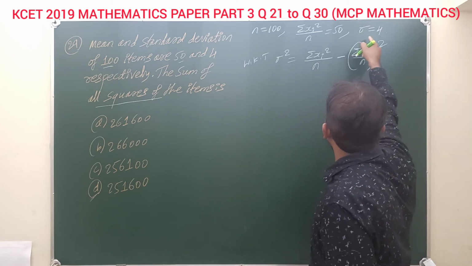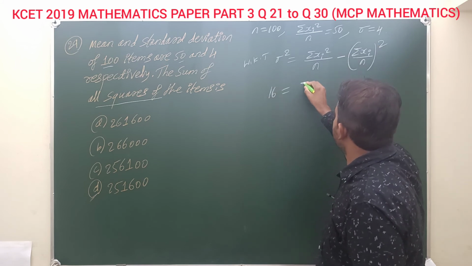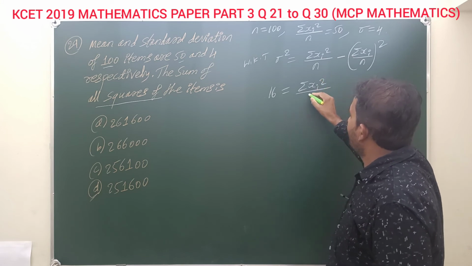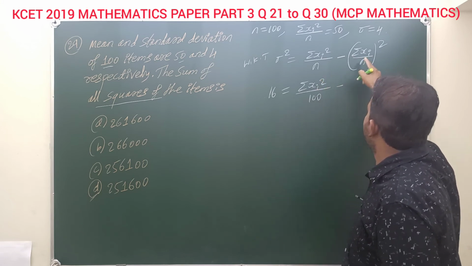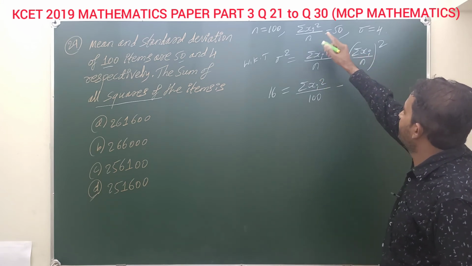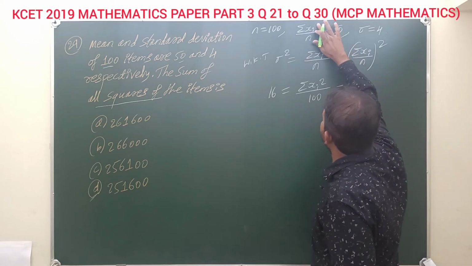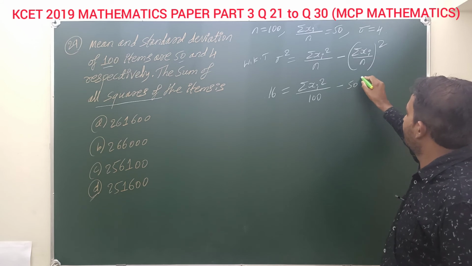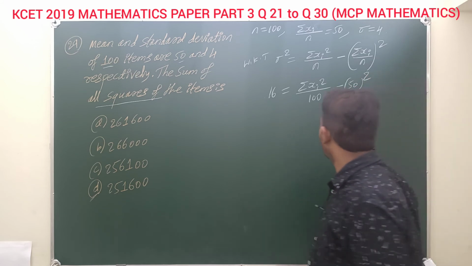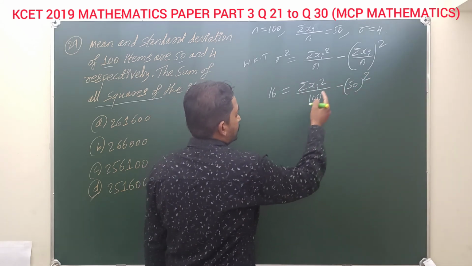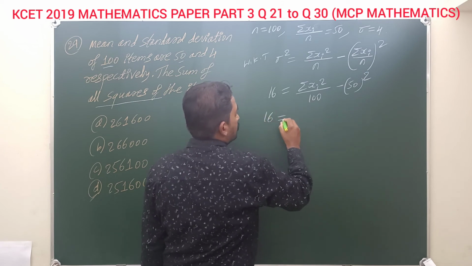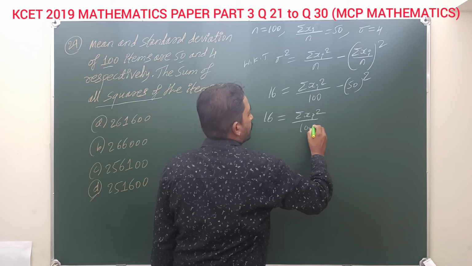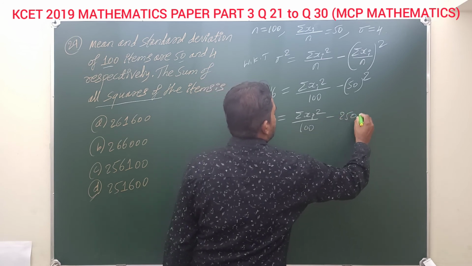So here sigma is given as 4, square 16. Summation of xi square, this is required, divided by n 100, minus summation of xi divided by n, which is given as mean, 50, whole square. Now simplify this, we get the answer. So 50 square is 2500, 16 equals summation of xi square divided by 100 minus 2500.